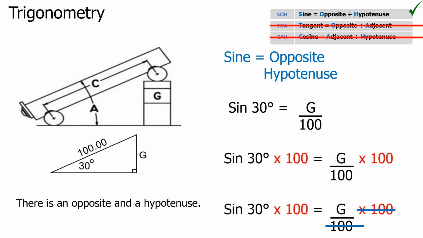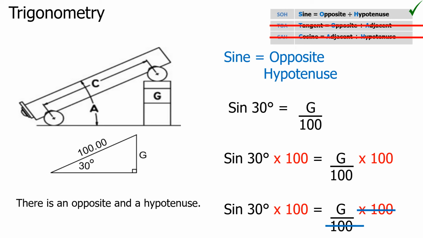What information do I have? Well, I have an angle and a length, so it's going to be trigonometry. What sides do I have? Well, I have a hypotenuse, which is 100, which is the length, the C distance on the sine bar. I'm looking for G, and I have an angle. So opposite over hypotenuse is sine.